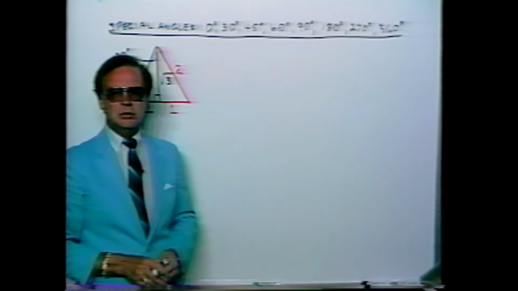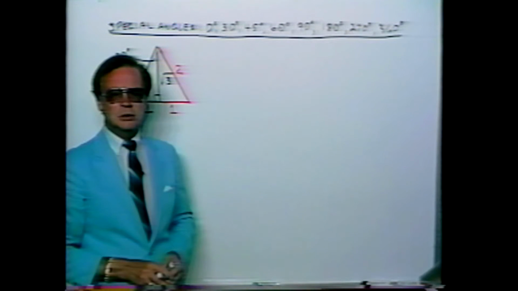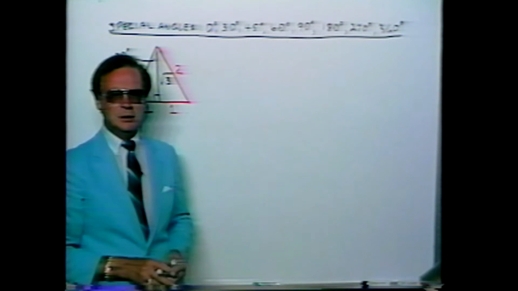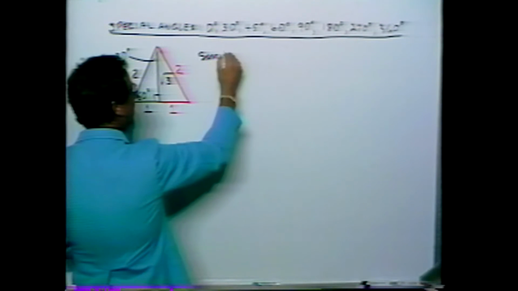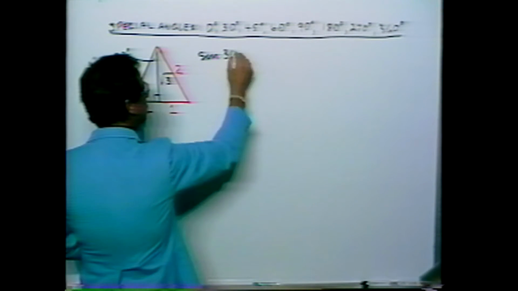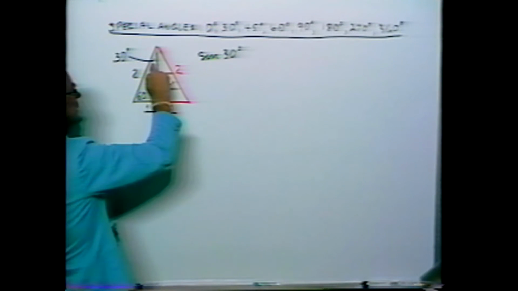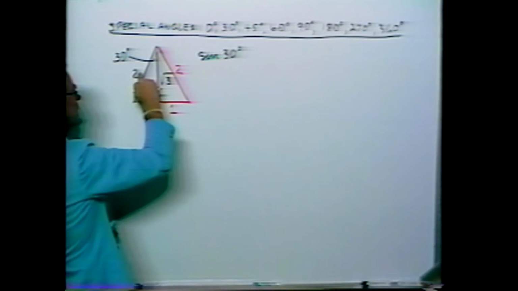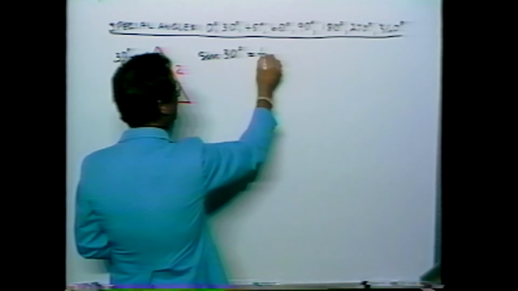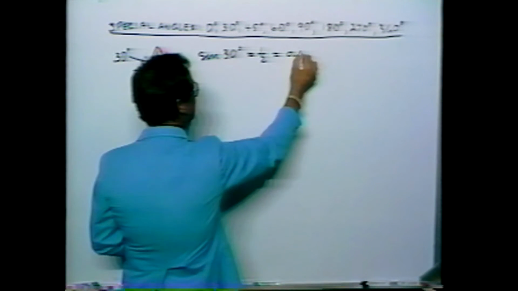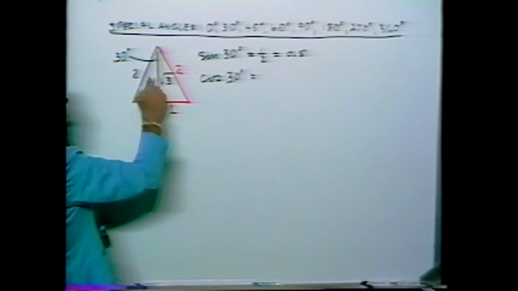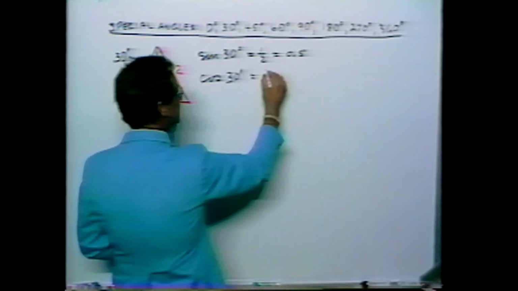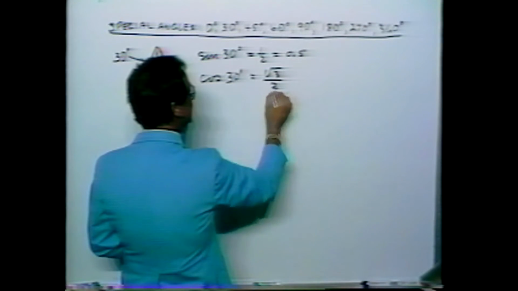Using the definitions for the primary functions of a right angle triangle, which I have done earlier in this lecture, the sine of 30 degrees, this one up here, is the opposite over the hypotenuse, which is 1 over 2, or 0.5. The cosine of 30 degrees is the adjacent side over the hypotenuse, which is equal to the square root of 3 divided by 2.